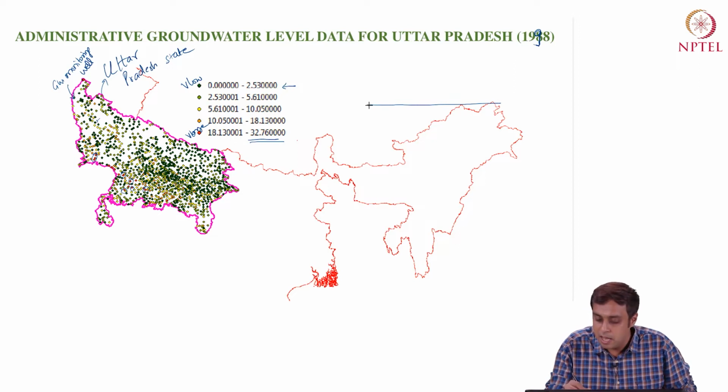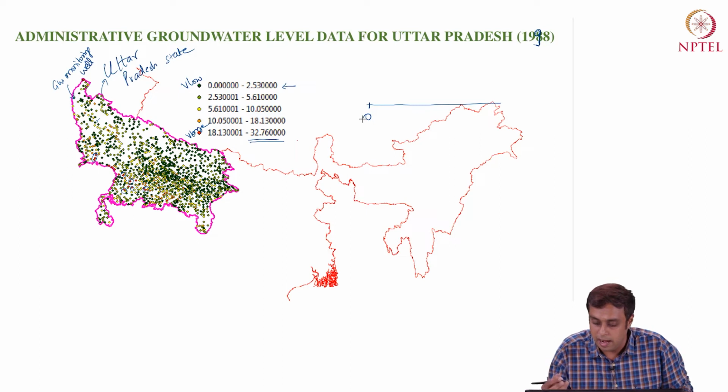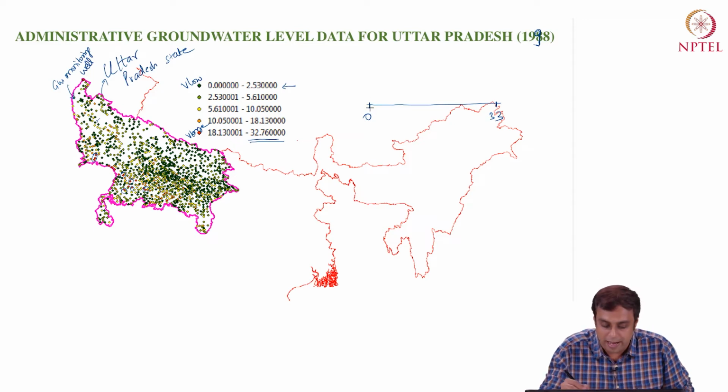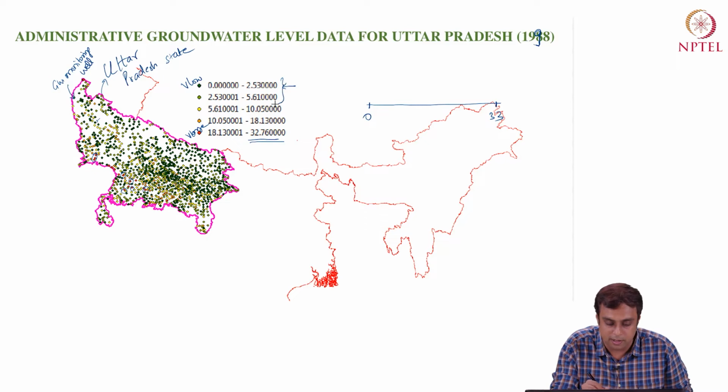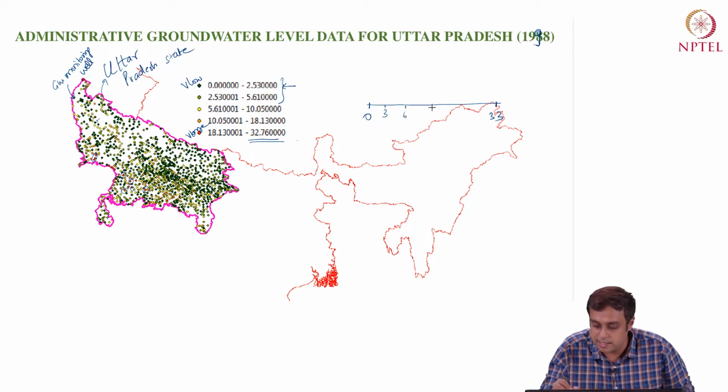the minimum value the well depth can take is 0, and it can go up to 32.8. So I'm going to make it 33, and most of the values are between, let's say, 0 to 6 in the first two categories, and there are some which are going up to 10. So 0 to, let's say, 3, 6, some of them also going to 10, right? And very low ones are going to the other ones.